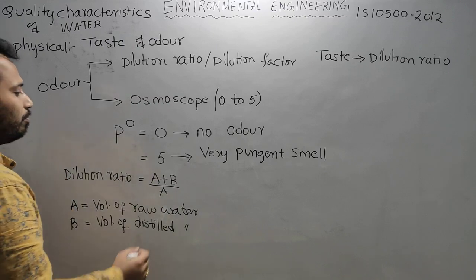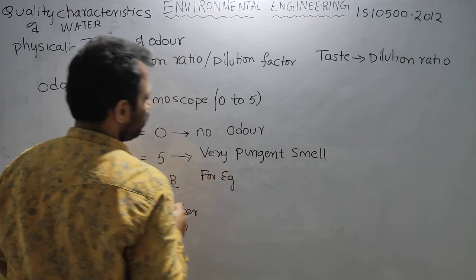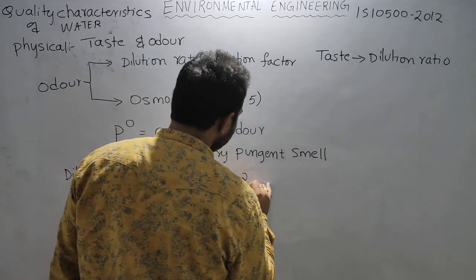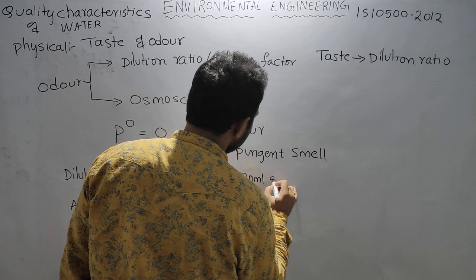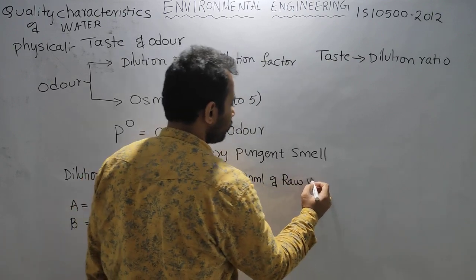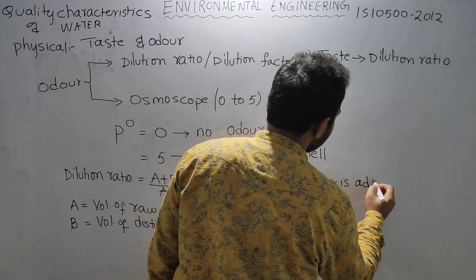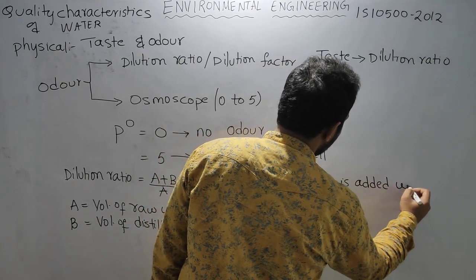For example, 20 ml of raw water is added with 80 ml of distilled water.